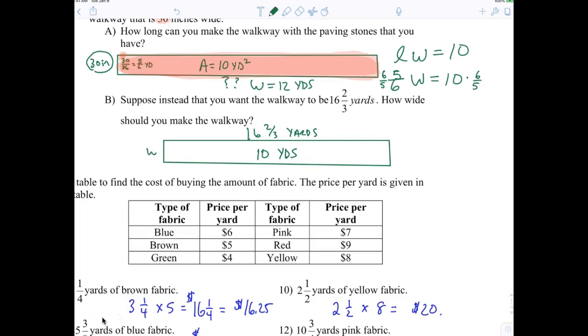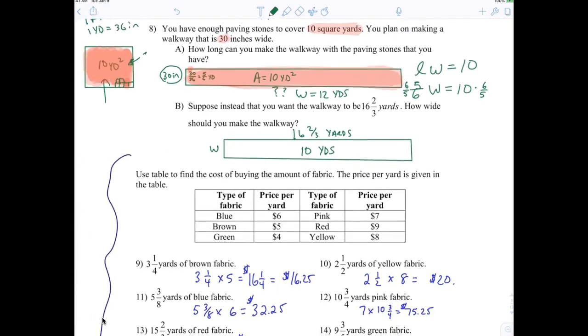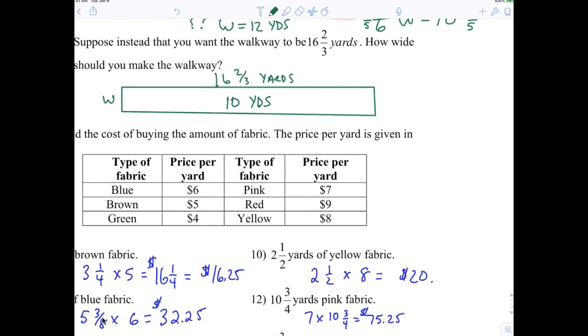Now I'm missing this guy right here again. So again, what's the formula for area? Length times width. And the length times the width is still going to be 10. You agree with that? Now, in this case, the length is 16 2/3. So we have 16 2/3 times W is equal to 10.